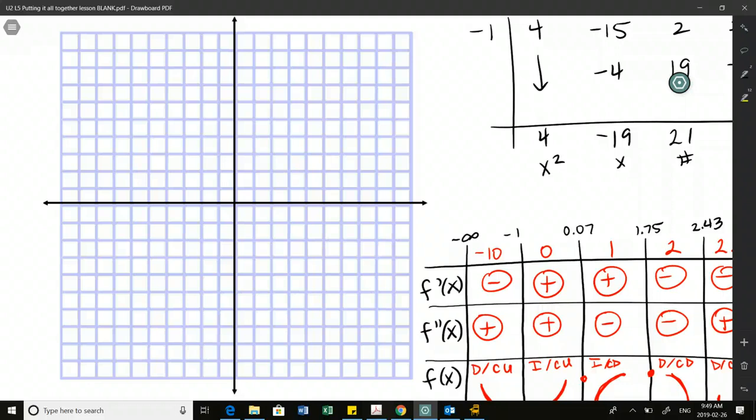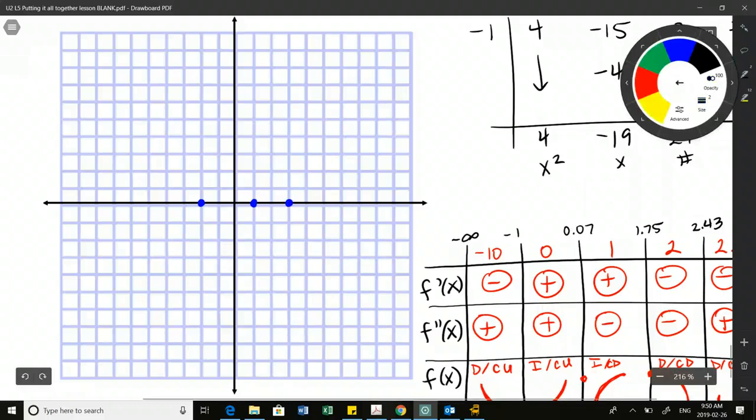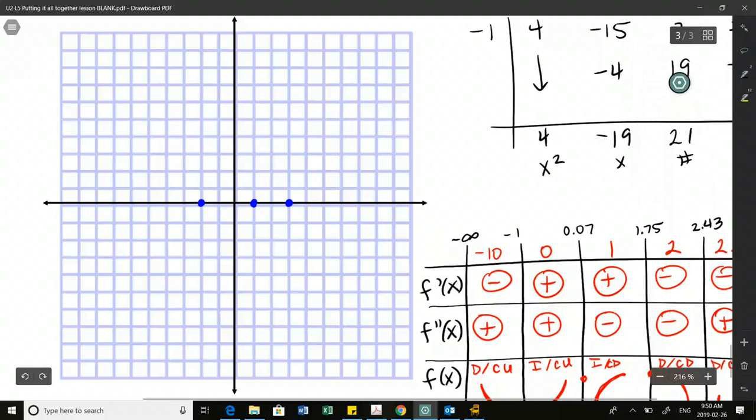Plot your x-intercepts. There's our x-intercepts. Our y-intercept was at -18, so we might want to go by, I don't know, what do we want to go here? 2, 4, 6, 8, 10, 12, 14, 16, 18. Sure.